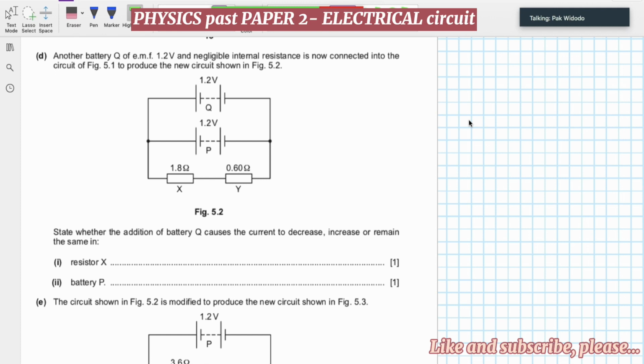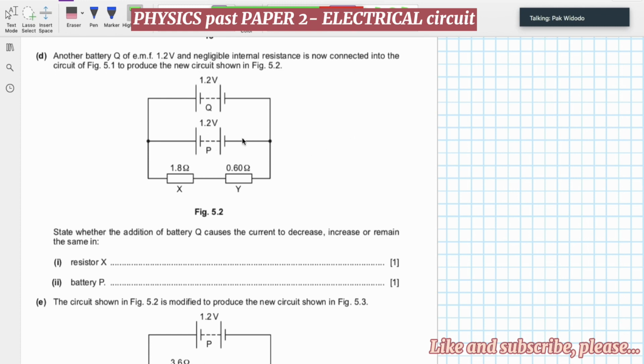Another battery Q of EMF 1.2 volt and negligible internal resistance is now connected into the circuit in figure 5.1 to produce the new circuit shown in figure 5.2.